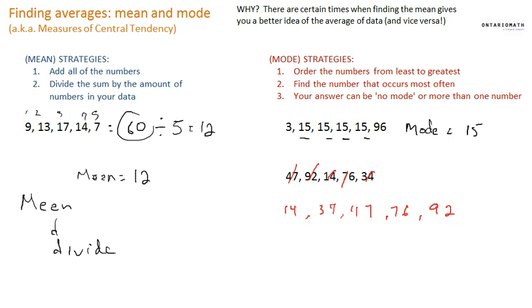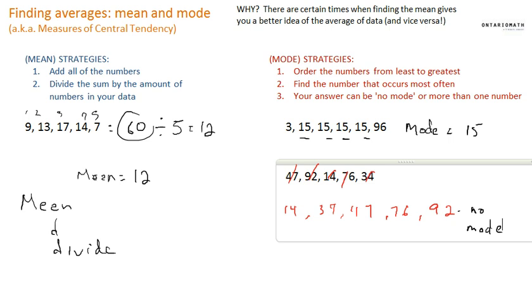Now I take a look at these numbers. No number occurs more often. They only occur once each. So in this case, there is no mode. And that's fine too, there doesn't have to be a mode. In the previous case there was one, but in this case there was none.